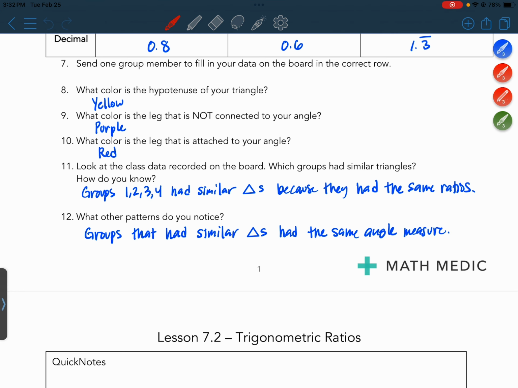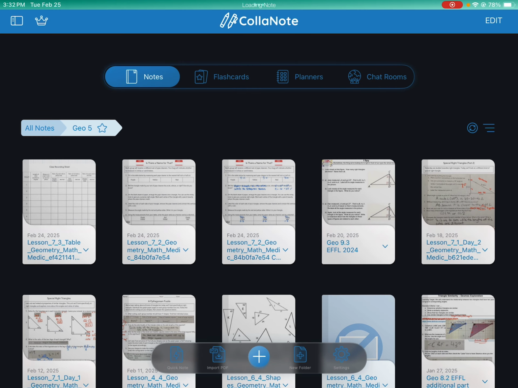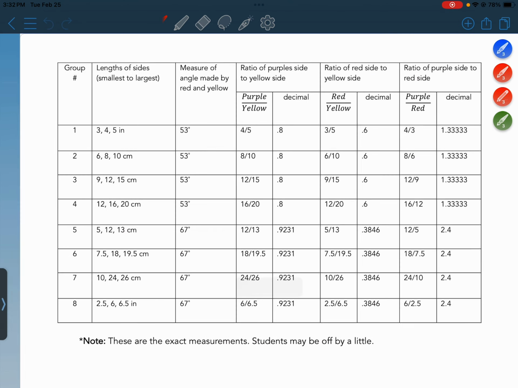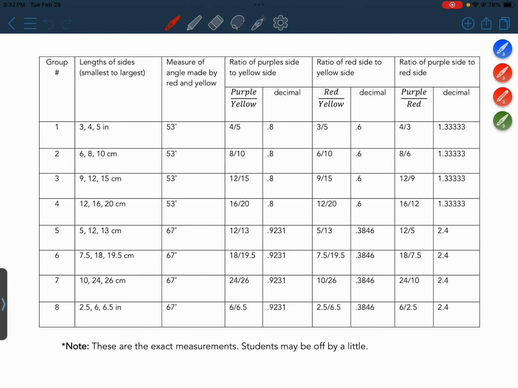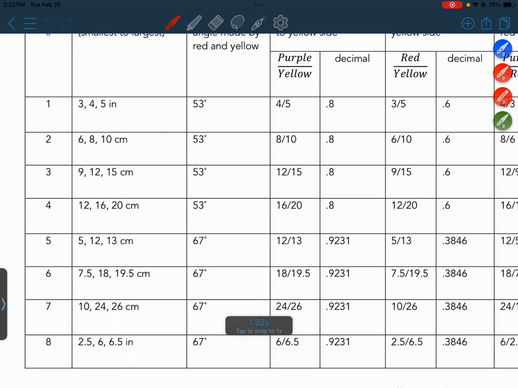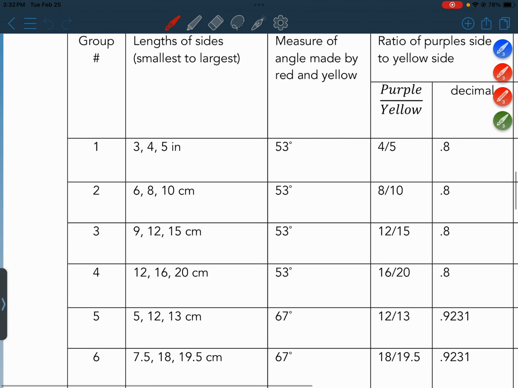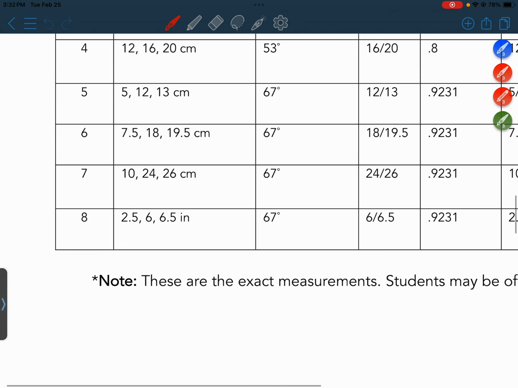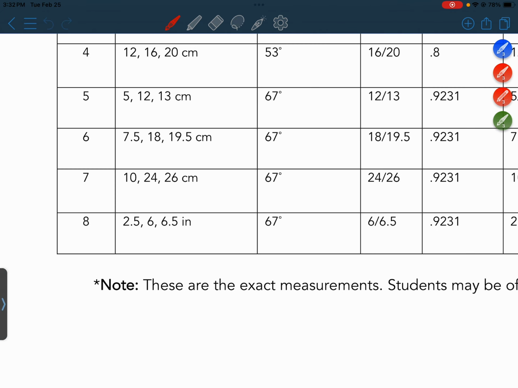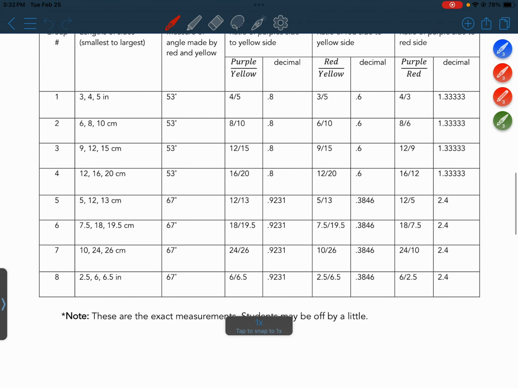First let's look at the values there. Okay, so hopefully you got something that looks kind of like this. Each group had a different set of pipe cleaners. We had 3, 4, 5 inches, all the way to the last bag, which had 2.5, 6, and 6.5 inches. Every set of pipe cleaners was unique, with a different set of measurements.